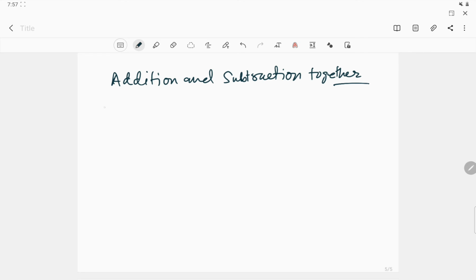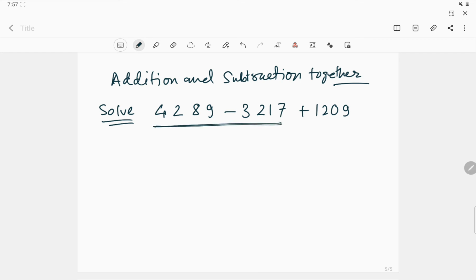Now we are going to discuss addition and subtraction together. Solve 4289 minus 3217 plus 1209. So you have to do the subtraction first of all.